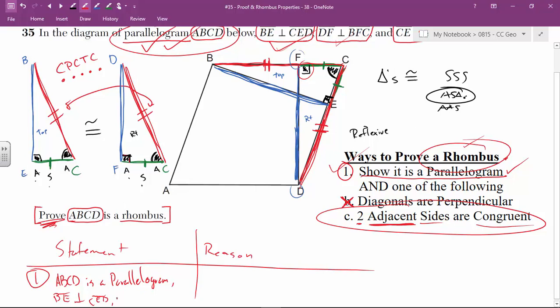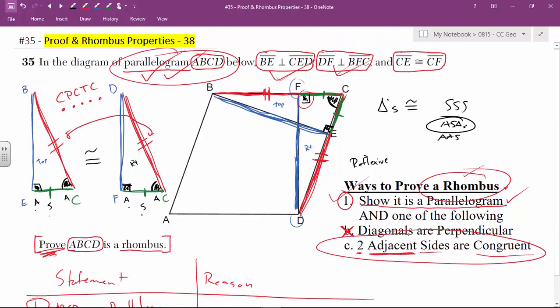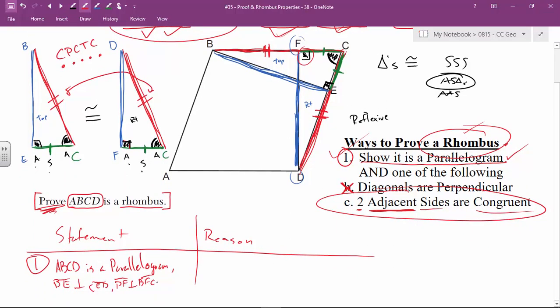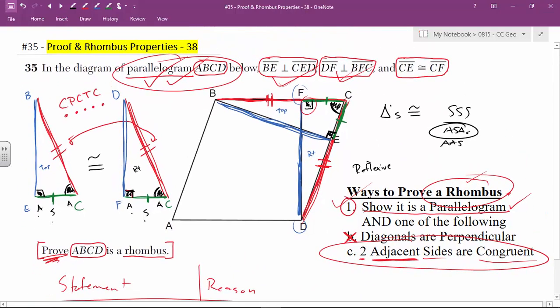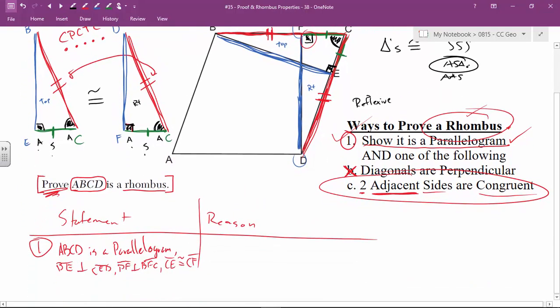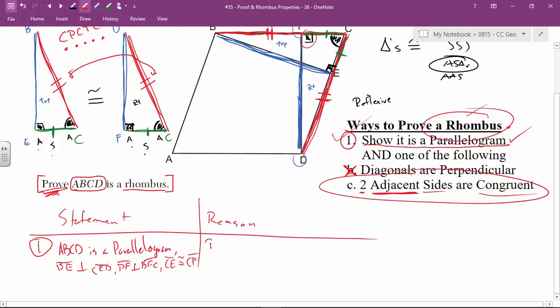Boom. They tell us DF is perpendicular to BFC. And then they say CE is congruent to CF. So I've stated all the givens. How am I allowed to say all of these things? Well, you gave it to me. It was given.